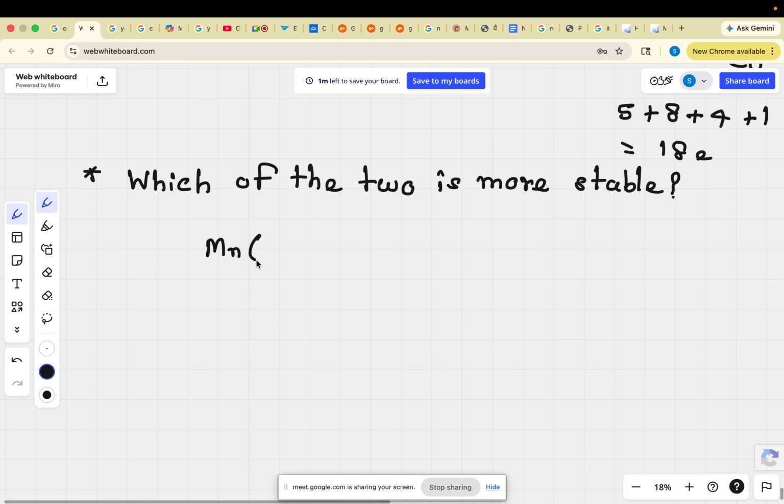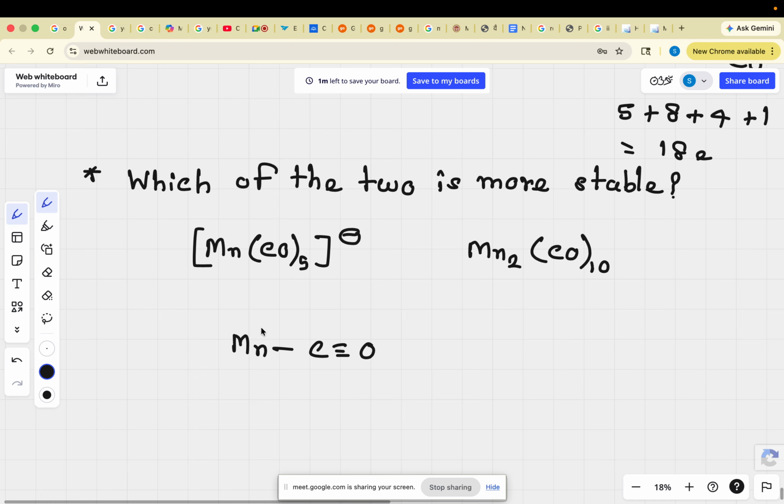You have this Mn(CO)5 minus with negative charge, and another one you have this Mn2(CO)10. Tell me which one is more stable? First one. Why? It has a negative charge. So what will happen if you have negative charge? More back bonding.